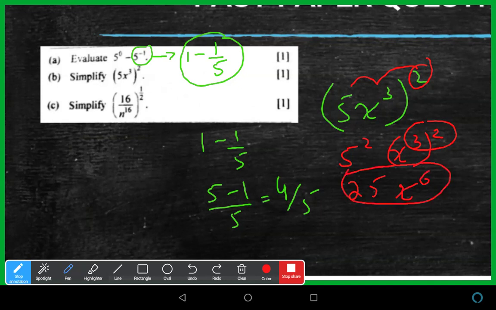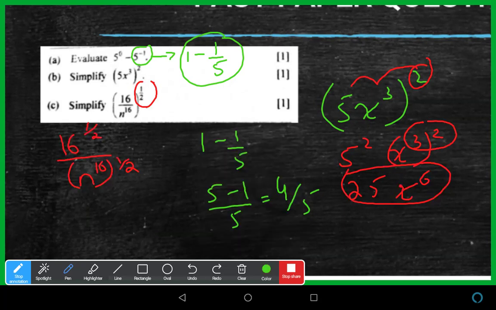Now part C, moving toward part C. Again we have a whole power, so we have to apply this power to the numerator. So it will become 16 raised to the power 1 upon 2, and the same for the other term. I told you when there is a whole power, the power will apply to all the elements in the bracket. Now how can we simplify this?